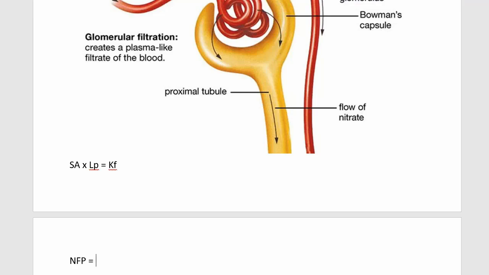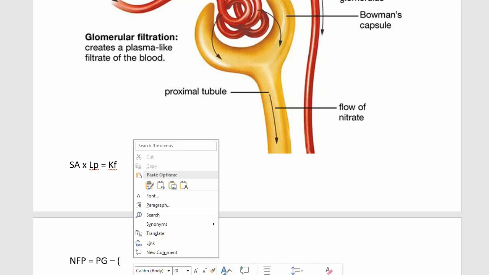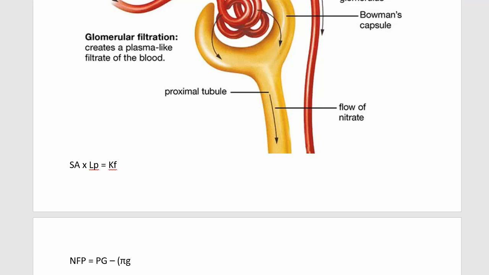Just to talk through it, so we can separate them out: the net filtration pressure is calculated as the difference between the glomerular capillary hydrostatic pressure, so we'll write this as PG, and the sum of the osmotic pressure in the Bowman's capsule, which is represented by this little pi sign, GC, as well as the hydrostatic pressure in the Bowman's capsule, so PB.